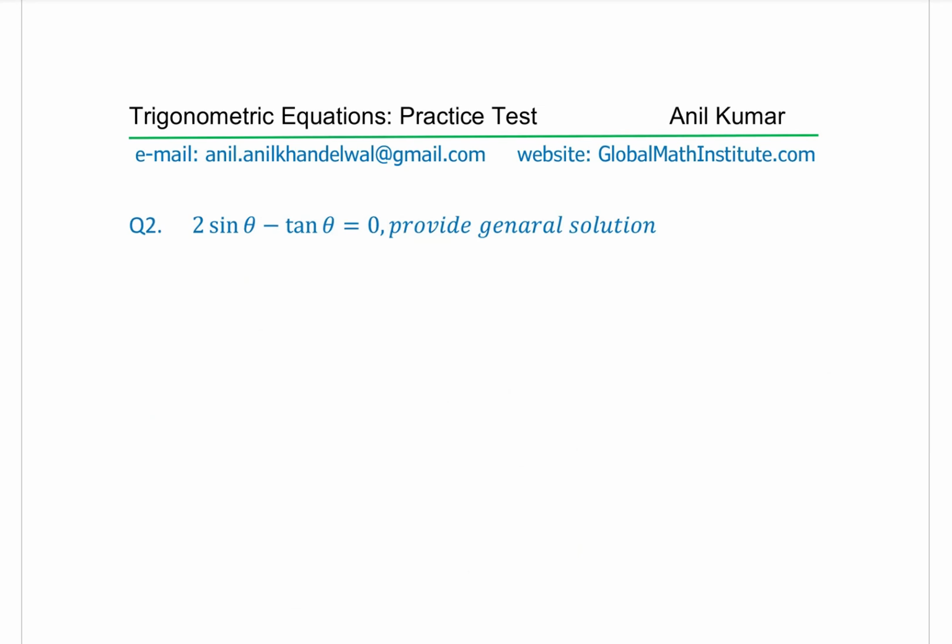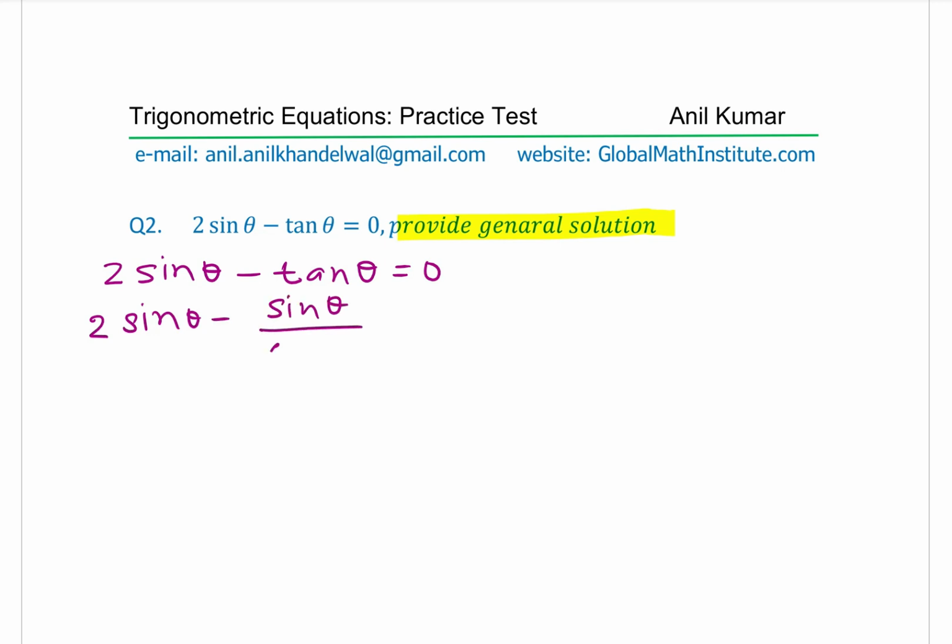The question here is 2 sine theta minus tan theta equals to 0. We need to provide general solution in this particular case. Now, tan theta can be written as sine over cosine. So let's rewrite this as 2 sine theta minus sine theta over cosine theta equals to 0.